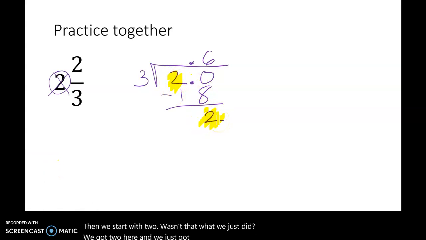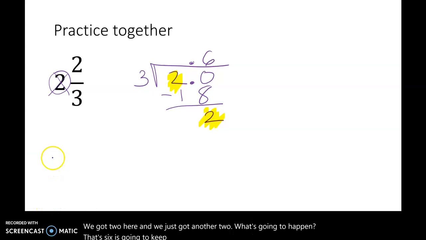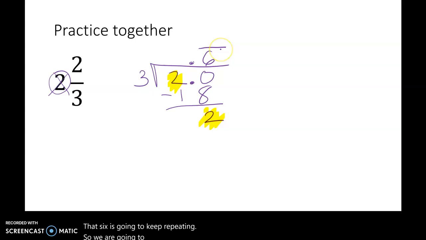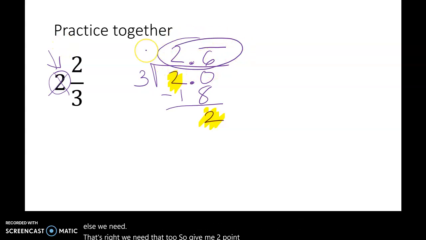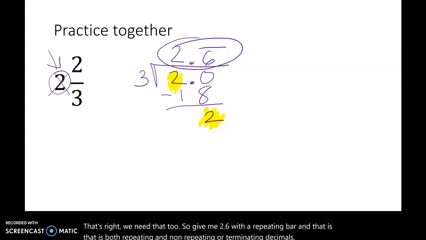What's going to happen? That 6 is going to keep repeating. So we are going to have to put a repeating bar over 6. And don't forget what else we need. That's right, we need that 2. So it's going to be 2.6 with a repeating bar. And that is both repeating and terminating decimals. Please let me know if you have any questions.